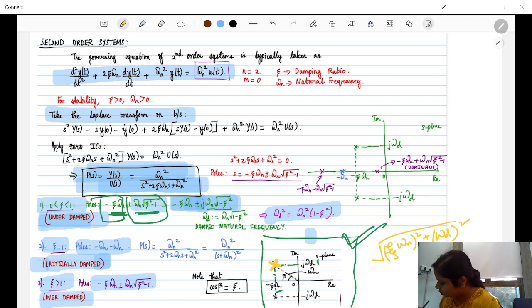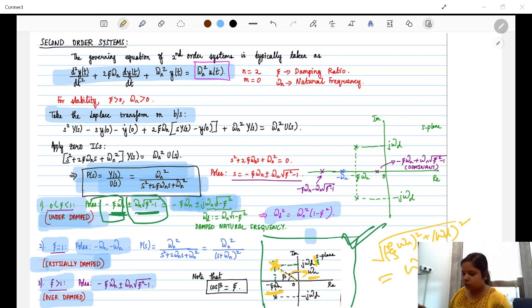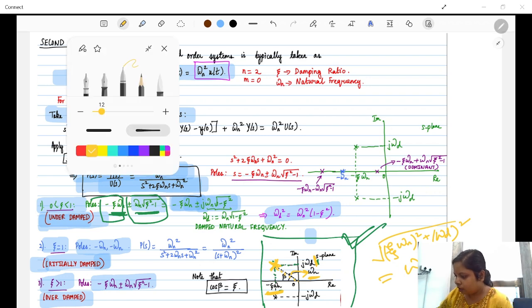Once you do this, you will find that this length is equal to omega n. So this has been given as omega n. This minus zeta omega n is on the real axis and this j omega d is on the imaginary axis, and you can see that this would eventually give you omega n.